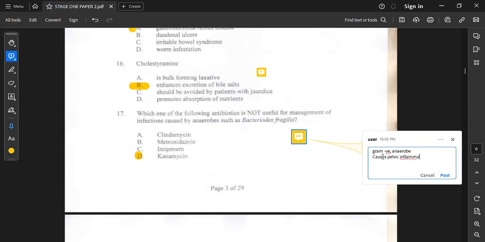Anything else to add before we say good night? Bacteroides is also part of the oral normal flora. It's part of the normal microbiota of the human colon.